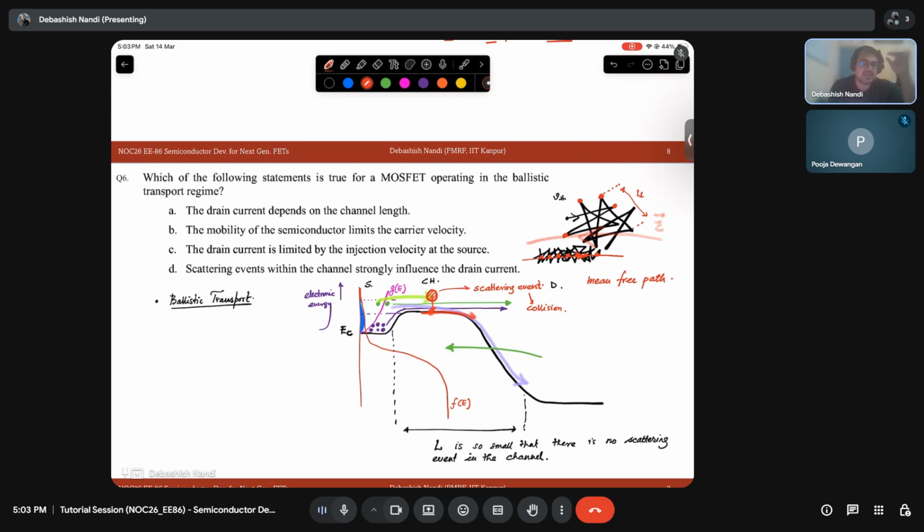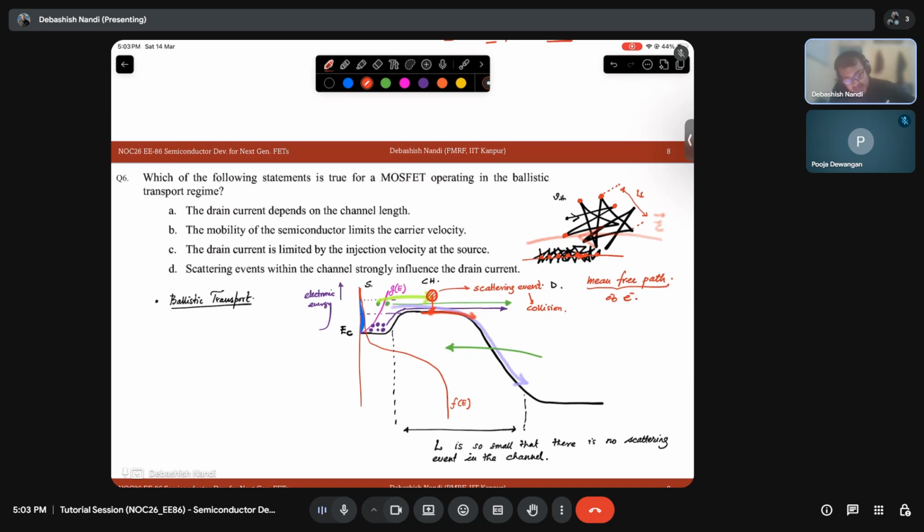You can take the average of all of these scattering events, how much the electron travels without being scattered, and that gives you the mean free path of electrons.